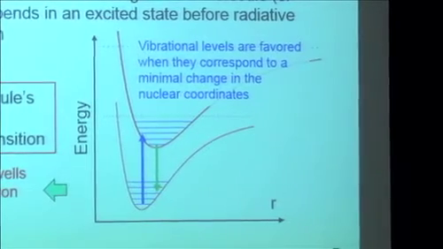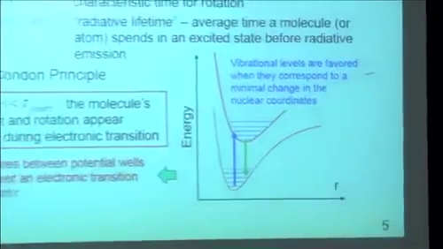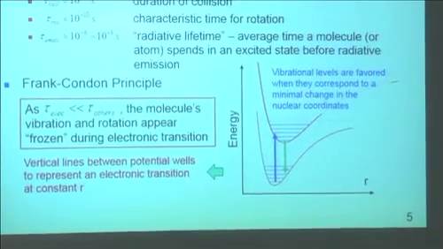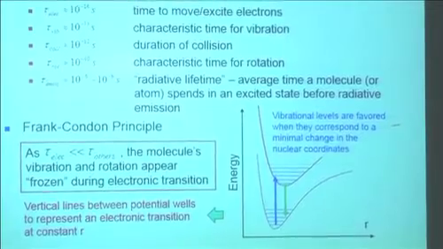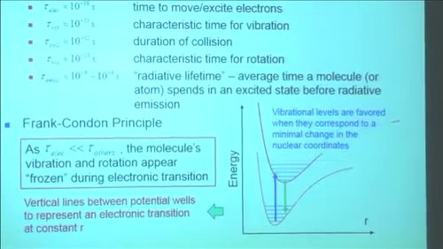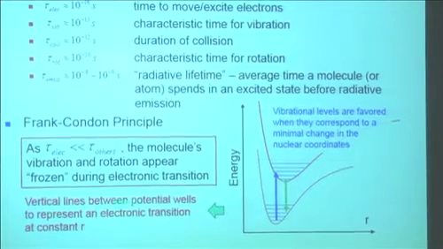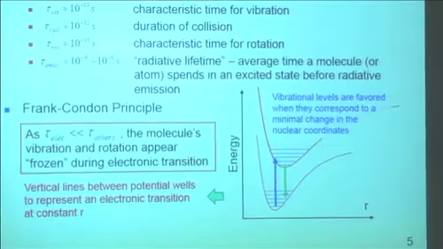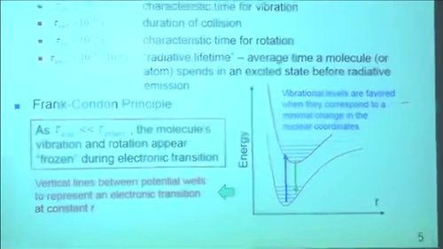Very complicated calculations. But they're simplified by this approximation that the molecular parameters of orientation in the ground or lower state and the upper state are the same. Otherwise, it's too complicated. So the vertical lines mean you go from this internuclear spacing to the same. You don't change. It doesn't have time to vibrate.